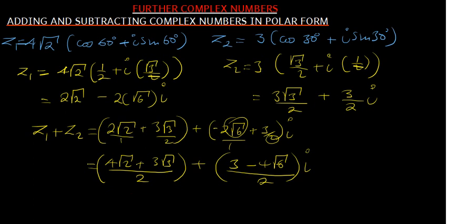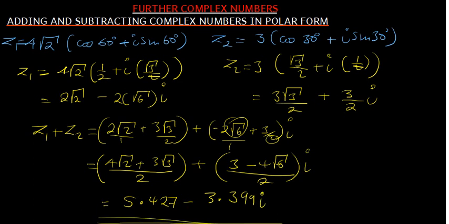So this is giving about 4.27, plus the other portion, 3 minus 4 root 6 divided by 2. That is giving me a negative number, so this is going to be negative 3.399i. So this is the sum of these two complex numbers.